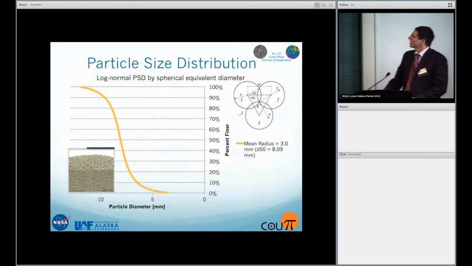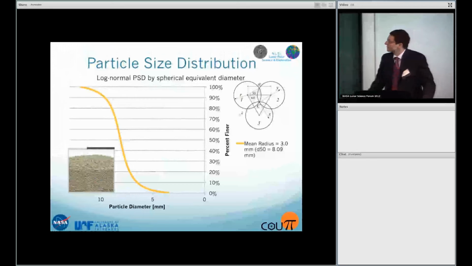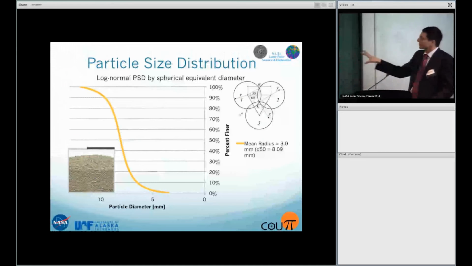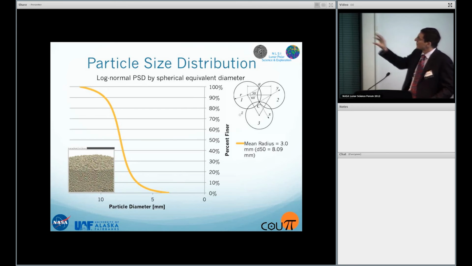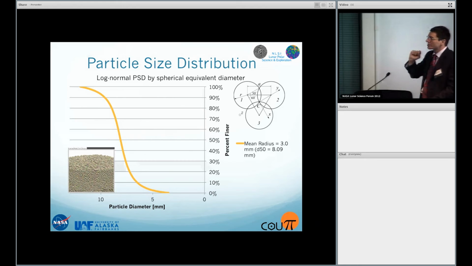Now about the particles. We use a log-normal particle size distribution. In this particular work, we used a very simple particle made of 3 spheres. This configuration was suggested by Alan Wilkinson from NASA Glenn Research Center. When you connect 3 spheres, they all have only one single common point.